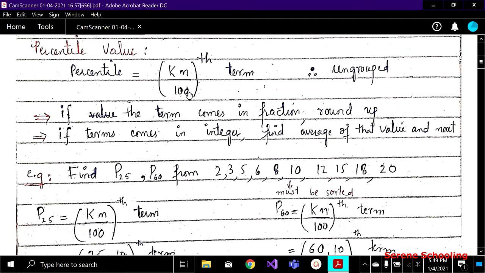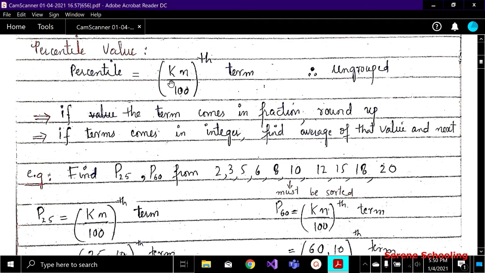For that this formula is used in the case of ungrouped data. We will see the grouped data later on. This k into n by 100 term is only a term, not the actual answer. It will not give us the actual answer. We have to look for that term in our given array of numbers.